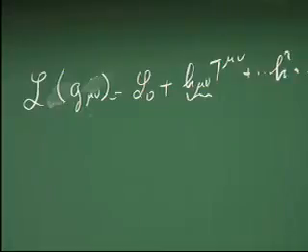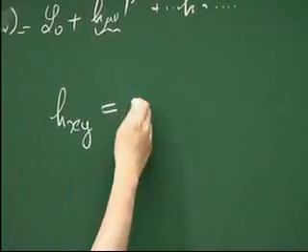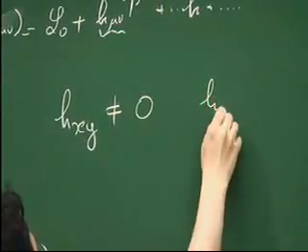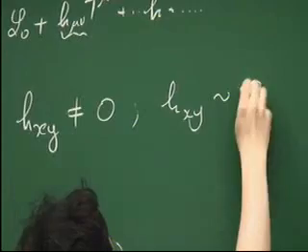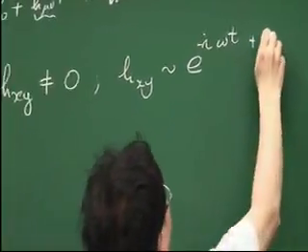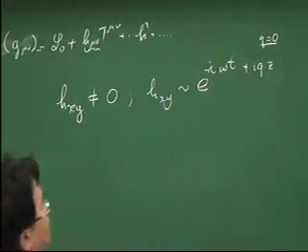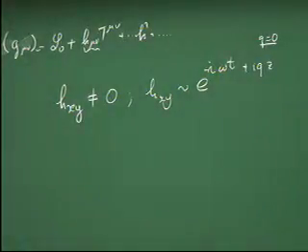Okay, so now we are going to derive the so-called Kubo formula. For that, let us turn on perturbations of this type. Let's assume h_xy is not equal to 0, and h_xy is proportional to e to the minus i omega t. In principle, there could be i q z here, but for simplicity, I will put q equal to 0.